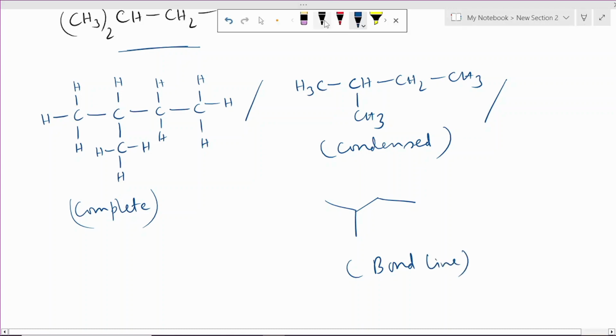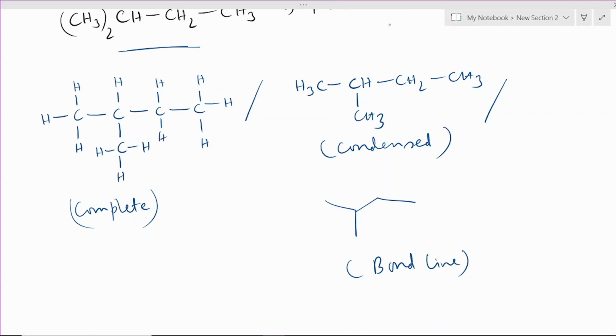In bond line structure, this terminal represents methyl groups, and this represents the methylene group. This is methyl.